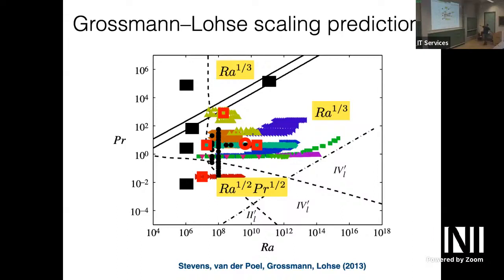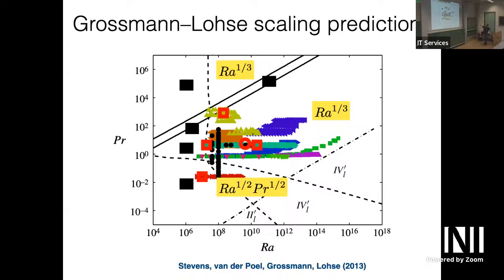This dash-dotted line here is sort of tacked on afterward to say this is where we estimate the Reynolds number to be such that boundary layers become turbulent. But there's nothing in the original predictions that say exactly how that should affect the Rayleigh-Prandtl scaling. And if you read different papers, they predict different things.